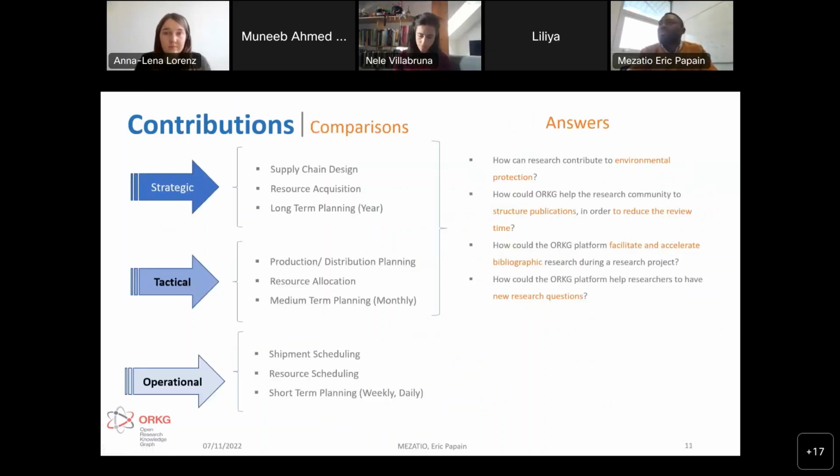So during this work, our contribution helped us to answer 3 more of our questions, but focused just on 2 levels of our supply chain, the strategic level and the tactical level.